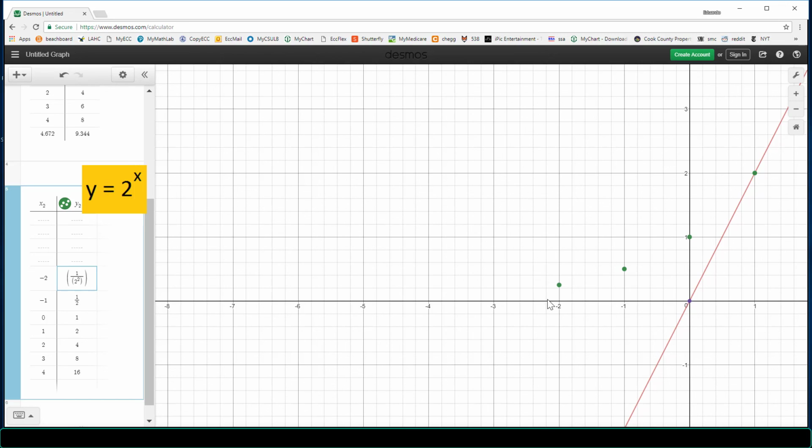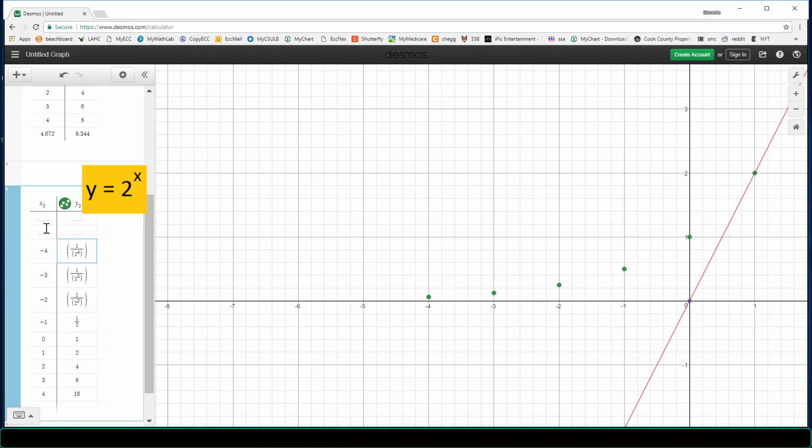And that's what we get here. 1/4 is 0.25. And so this is negative 2 comma 0.25. Okay, so then let's keep going over here. If we typed in a negative 3 here, then this becomes 1 over 2 to the power of 3, which is 1/8. And this is negative 4, 2 to the power of 4.